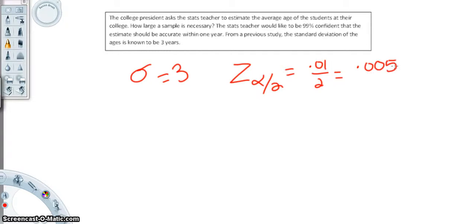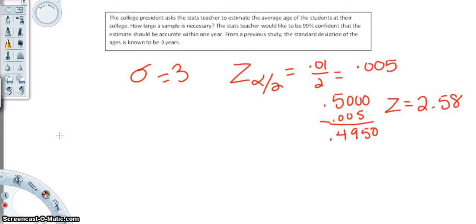So we know we subtract this from 0.5000, subtract our 0.005, and we get 0.4950. We look up this percentage, and the z-score for that percentage is going to be z equal to 2.58.